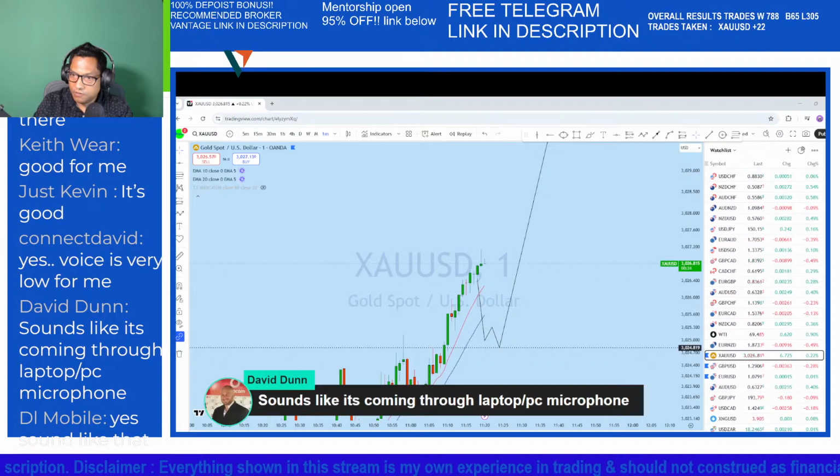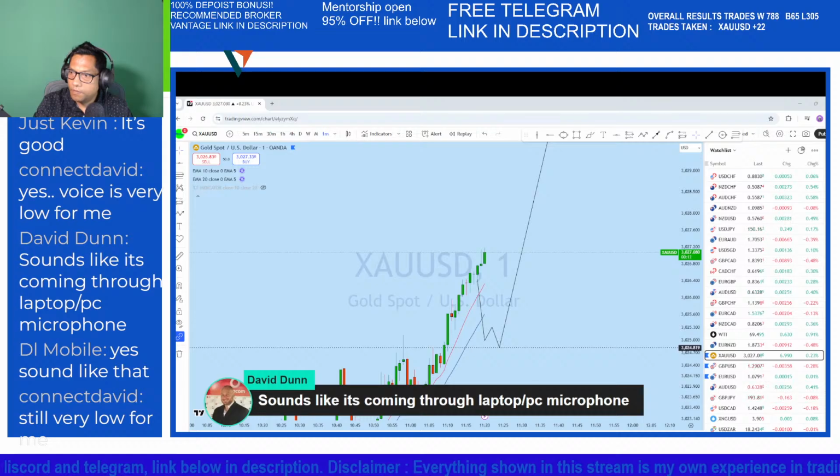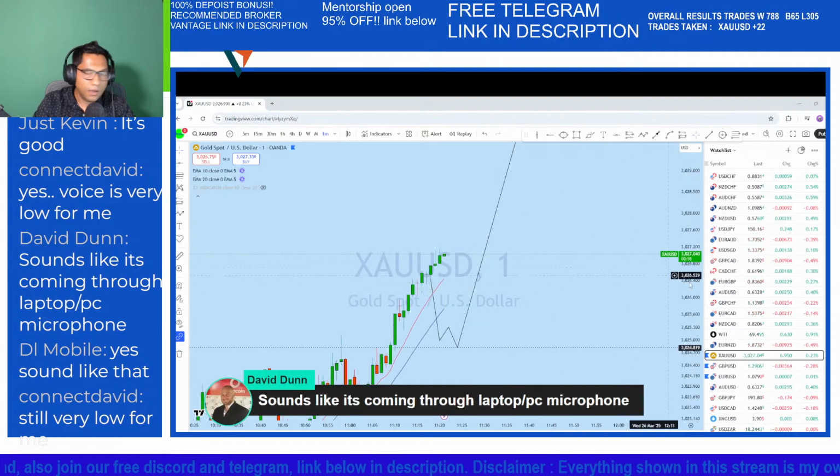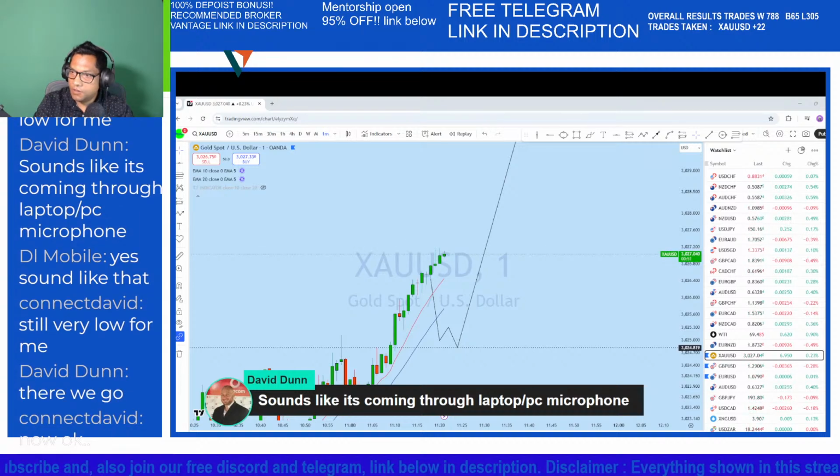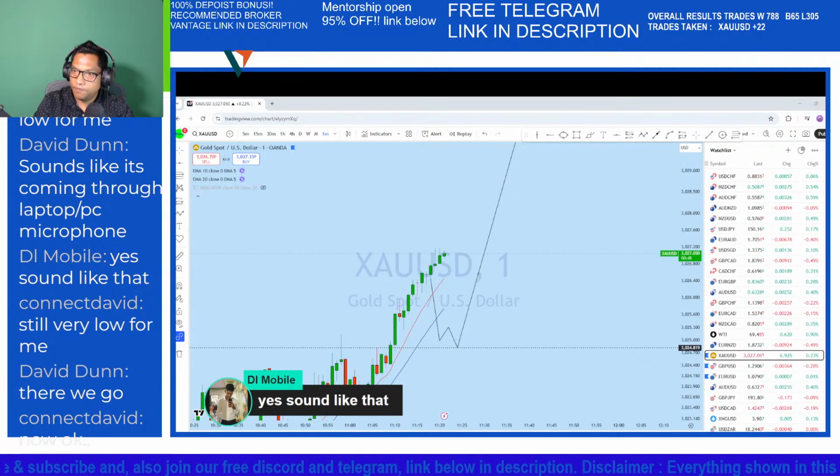Audio input capture. I hope that now looks better, because I think there previously was desktop sound. Can you guys hear me now? Is it working? Yeah, okay, thank you. That's cool. Very good.